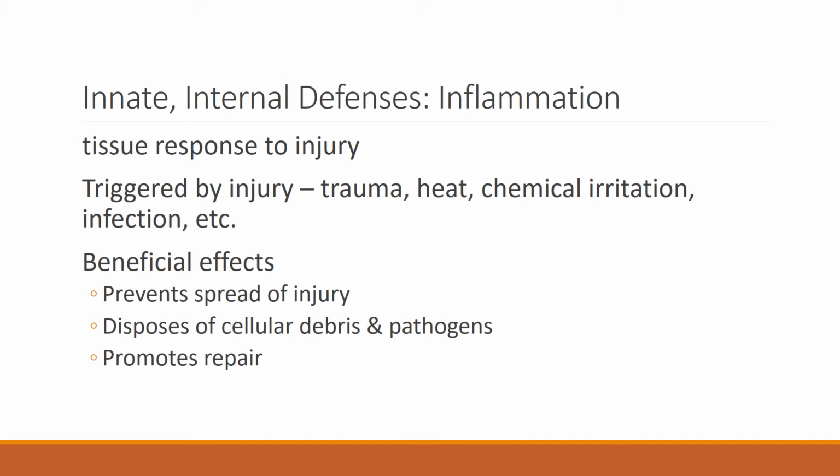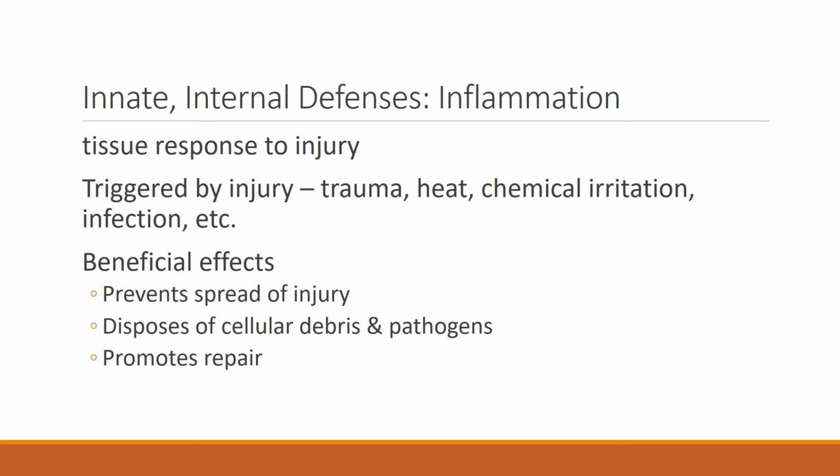Inflammation is our local response to some type of injury or infection, and it's going to activate a lot of those cells that we've been talking about. The main function of inflammation is to destroy or inactivate foreign invaders and to set the stage for tissue repair. Inflammation is triggered by different types of injury, including trauma, heat injury, chemicals, radiation, and infections, among many others.